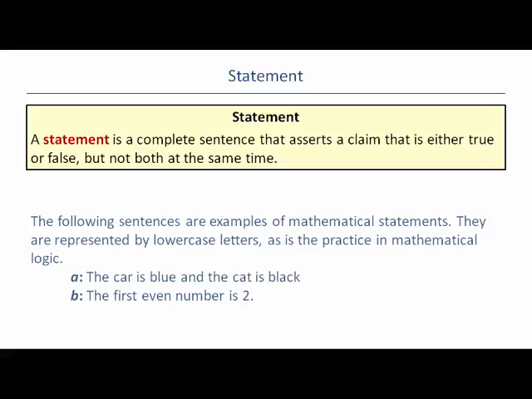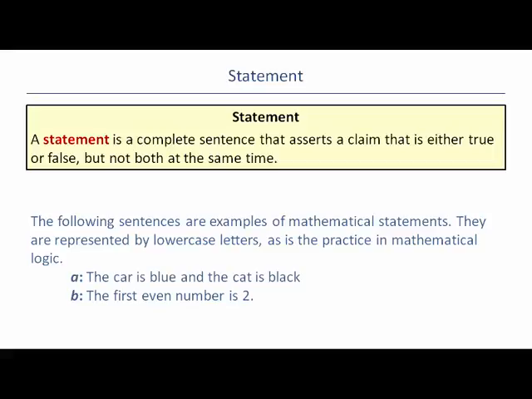Okay, so a statement is a complete sentence that asserts a claim that is either true or false, but can't be both true and false at the same time. The following are some simple examples of mathematical statements. So A, the statement, the car is blue and the cat is black. And then statement B, the first even number is 2.